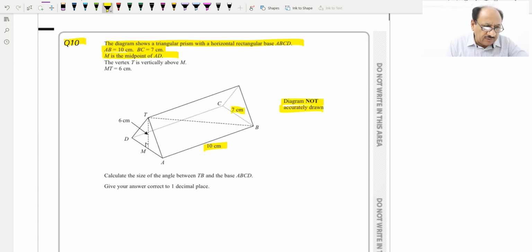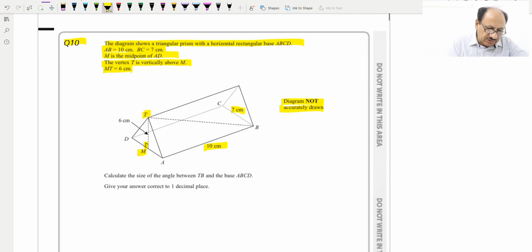M is the midpoint of AD. The vertex T is vertically above M, so it makes an angle of 90 degrees, and MT is equal to 6 centimeters.